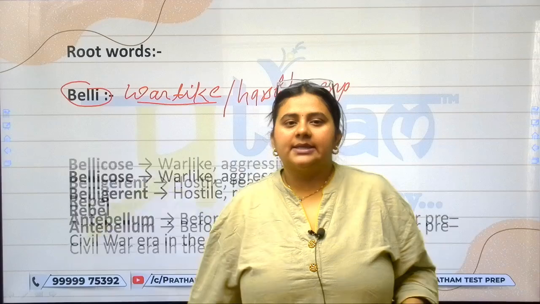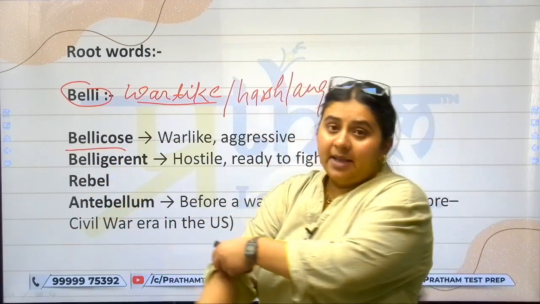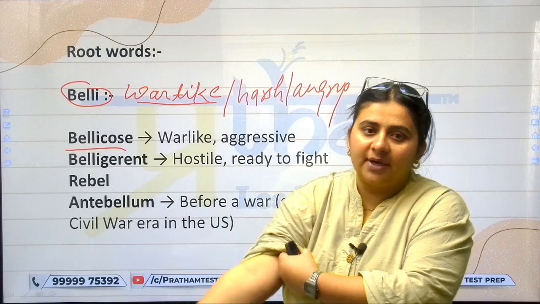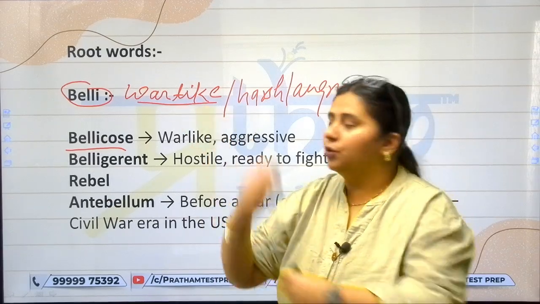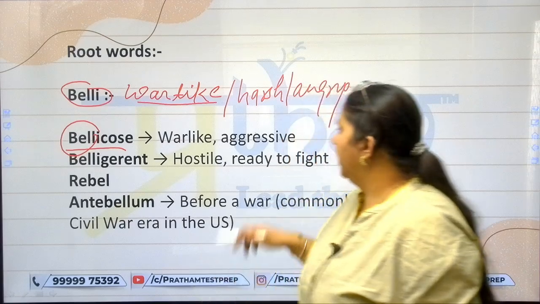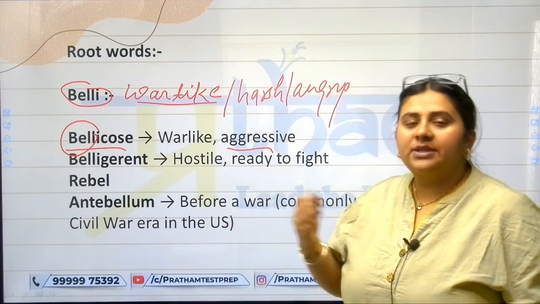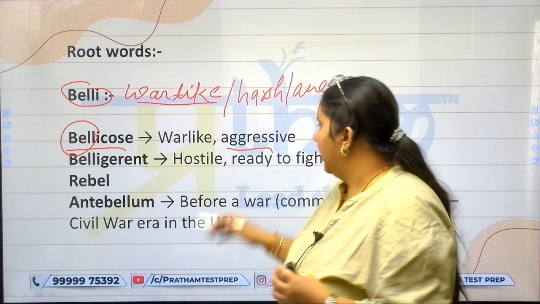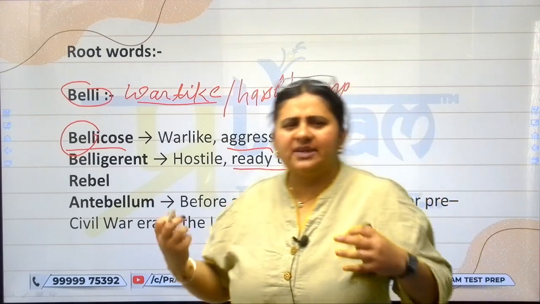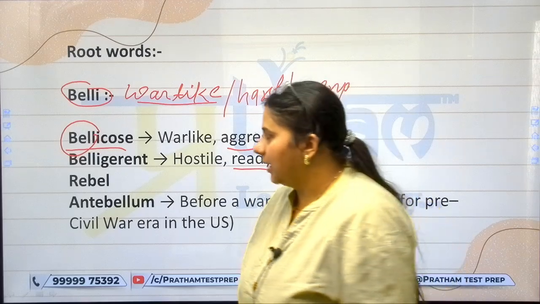Right? Let's see a few words from this. Like bellicose. I may not know the meaning of the full word bellicose, but I do know the meaning of belly. It means warlike. So bellicose means aggressive and warlike. Belligerent, which stands for hostile, right? Ready to fight. A person who's always ready to fight. Oh yeah, बताते हैं रुको अभी हम, like that.